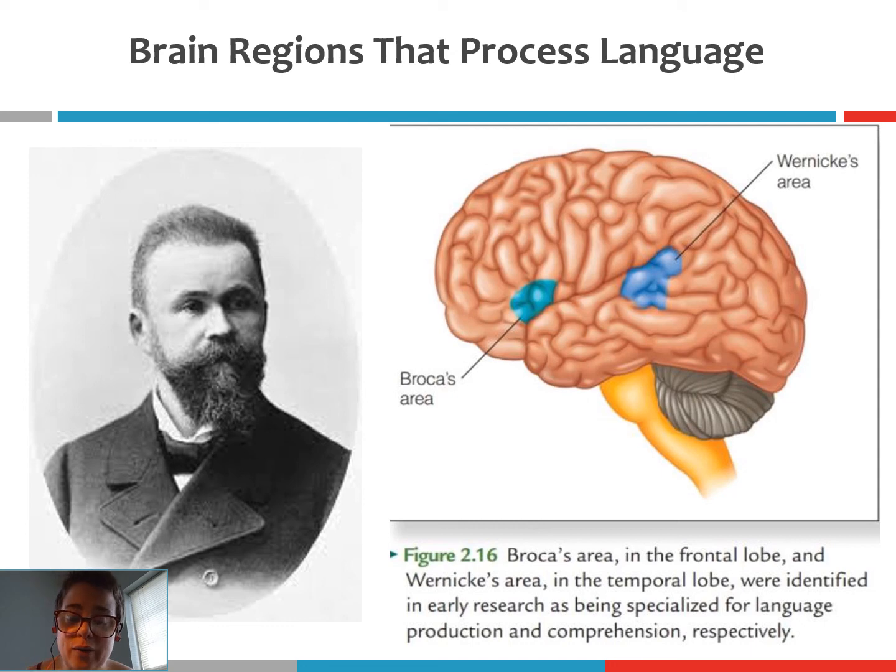Okay, so collectively we have in the frontal lobe Broca's area, which became known as the speech production center, and Wernicke's area, which became known as the speech comprehension center. And you guys have already seen examples or videos of individuals who have Broca's aphasia and Wernicke's aphasia respectively, so you can sort of see how these disorders manifest.